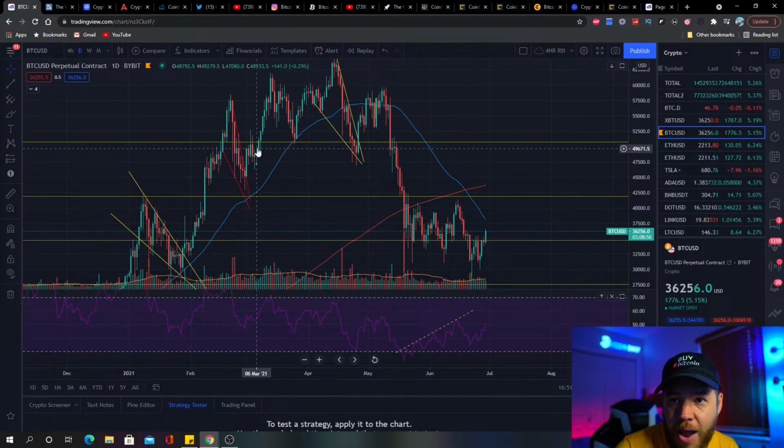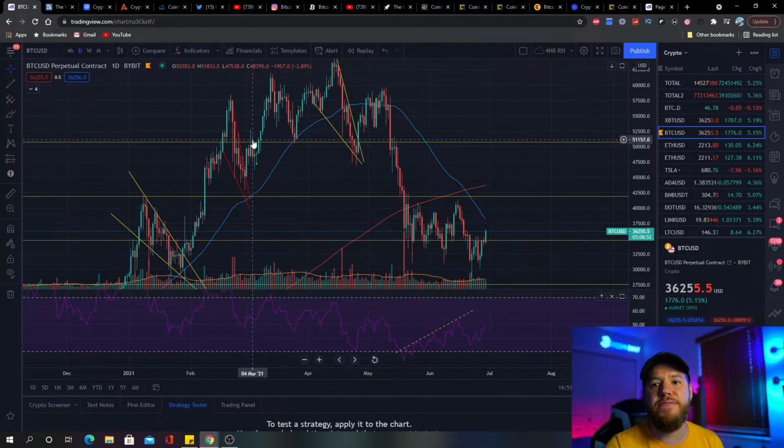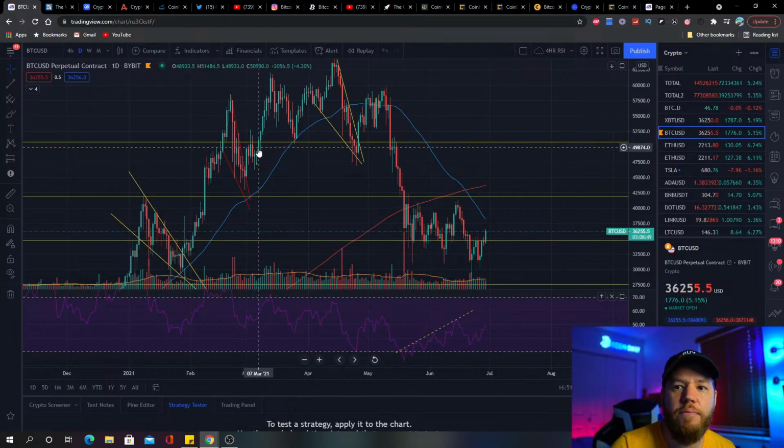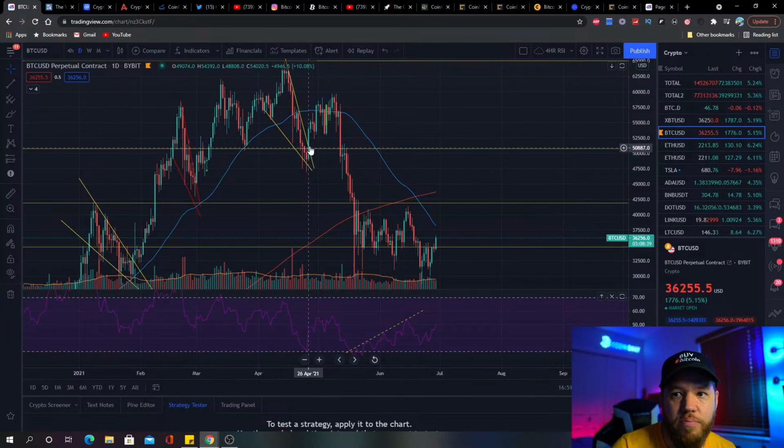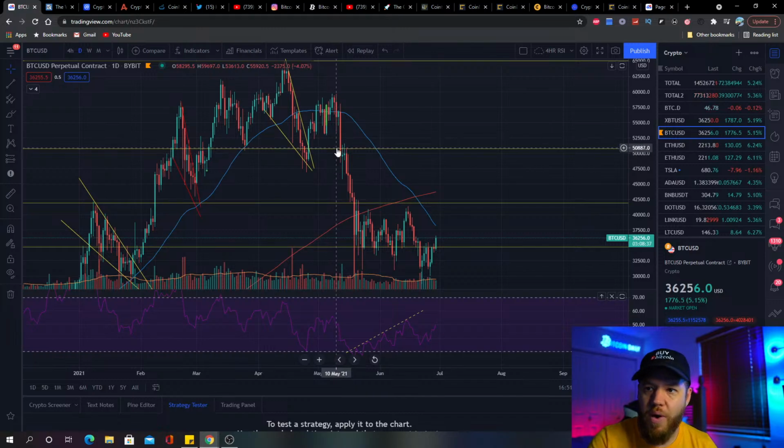Then we went right back up, and again we had a little bit of resistance at 50, but we broke through within a few days, right? Within a week, we broke right above it, continued up, and then we had it here as support once, and then it broke below 50, then right back above 50, then right back below 50.